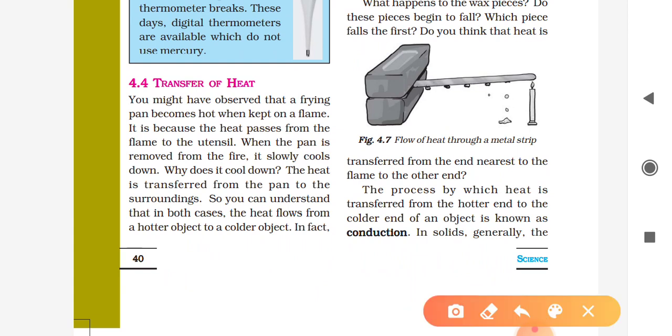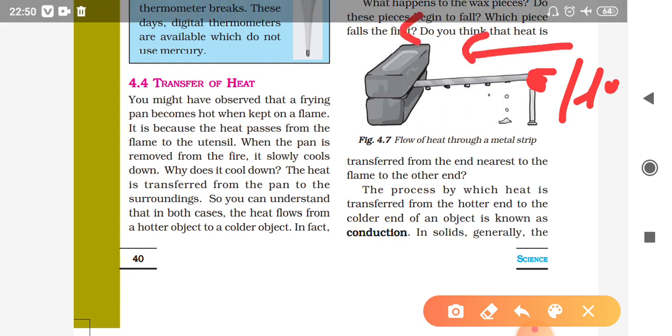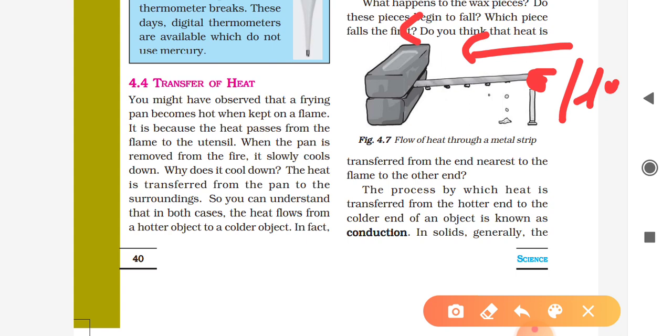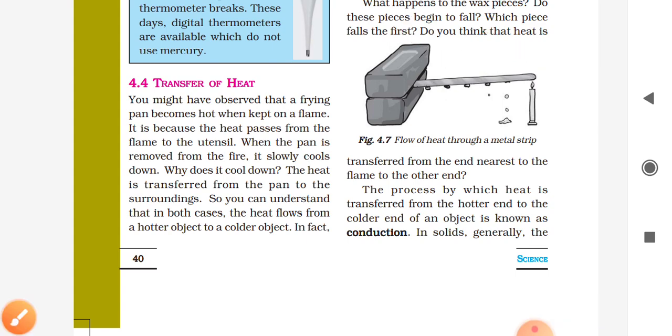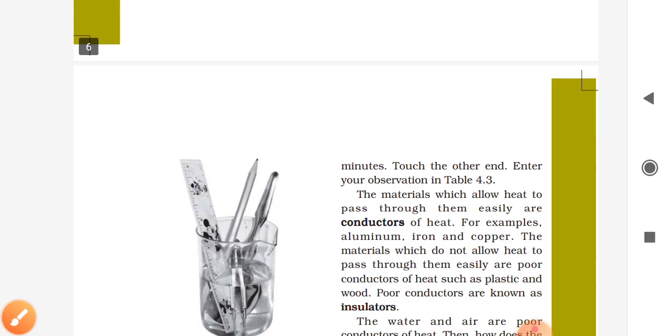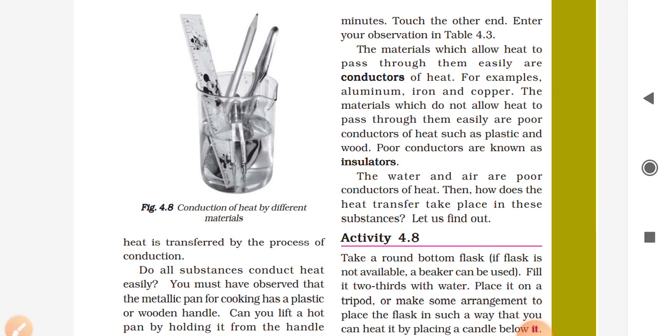Got the point? In solids, generally, heat is transferred by the process of conduction.